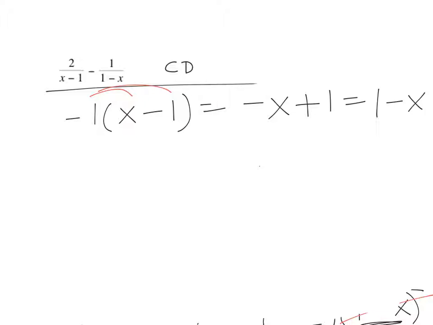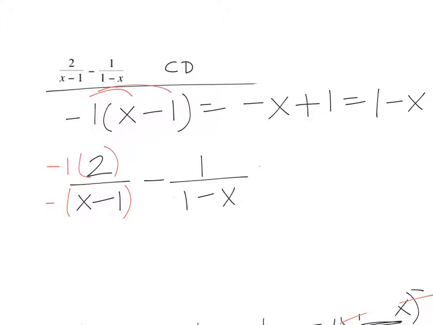So if I start with 2 over x minus 1 minus 1 over 1 minus x, if I just take one of them, it doesn't matter which, the first or the second, and multiply by negative 1 on both the top and the bottom, I end up with negative 2 over 1 minus x minus 1 over 1 minus x.